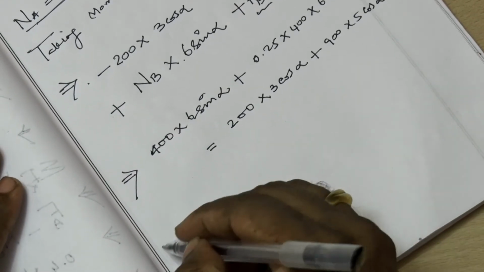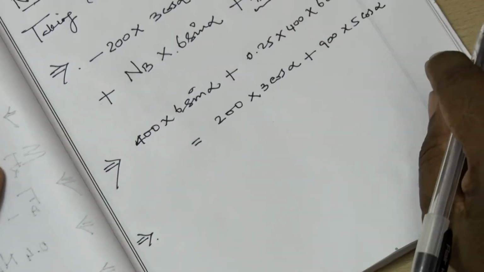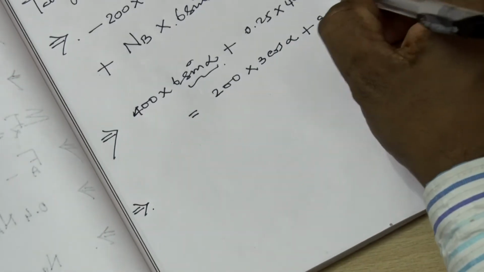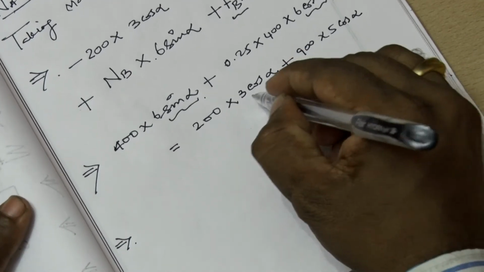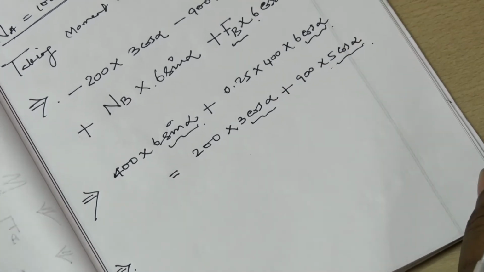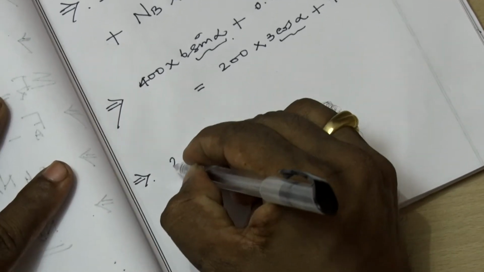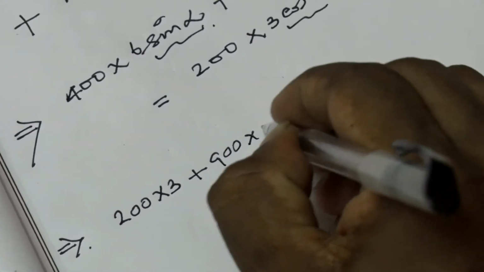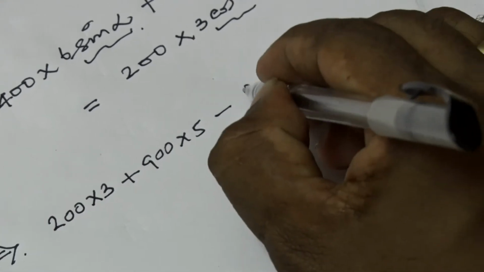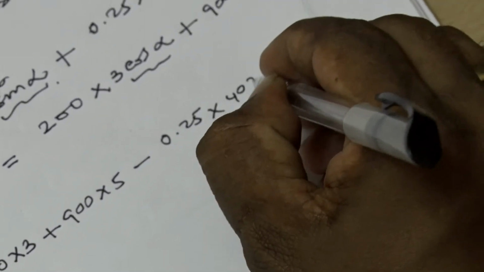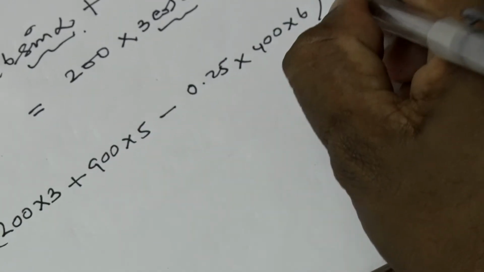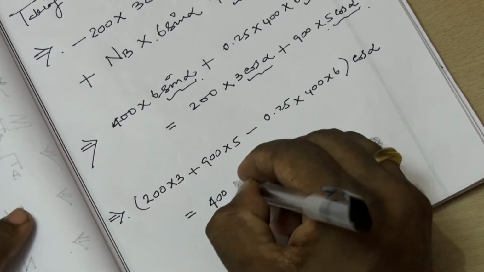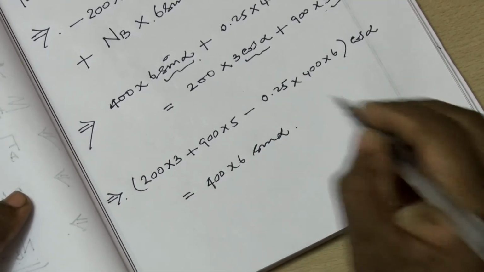Once again we take the cos alpha term and the sin alpha term together, we get cos alpha times 200 into 3 plus 900 into 5 minus 0.25 into 400 into 6, is equal to 400 into 6 sin alpha.